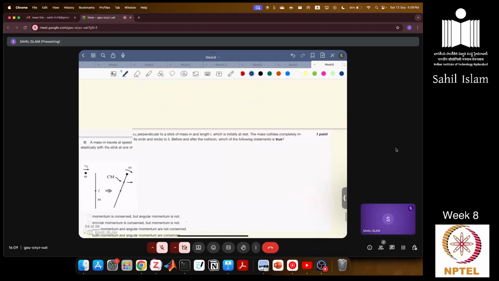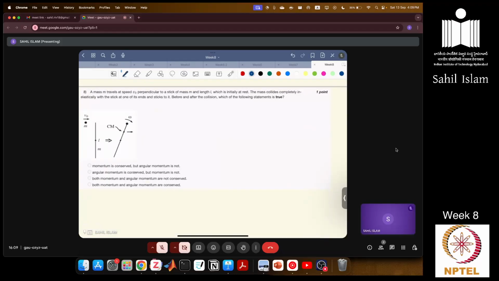And the final question: a mass m travels at speed v0, perpendicular to a stick of mass m and length L, which is initially at rest.